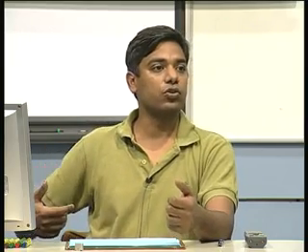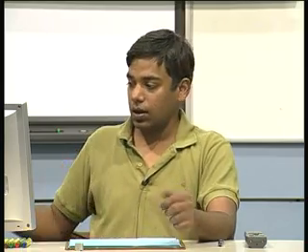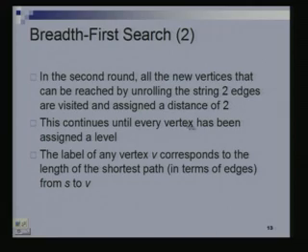After you have visited all such vertices, then you will unroll the string by 1 more unit and see which new vertices you can visit as a consequence of that, and so on. You will understand all of this when we start discussing the algorithm in more detail. So, we will unroll the string by 1 more unit, find out all that we can visit now, unroll the string by 1 more unit, find all the vertices that can be visited now, and so on.